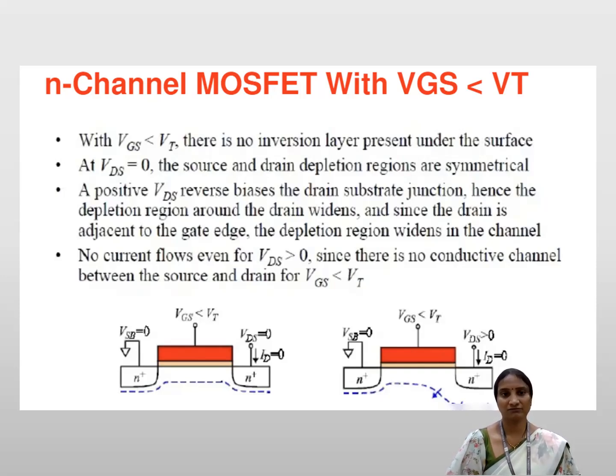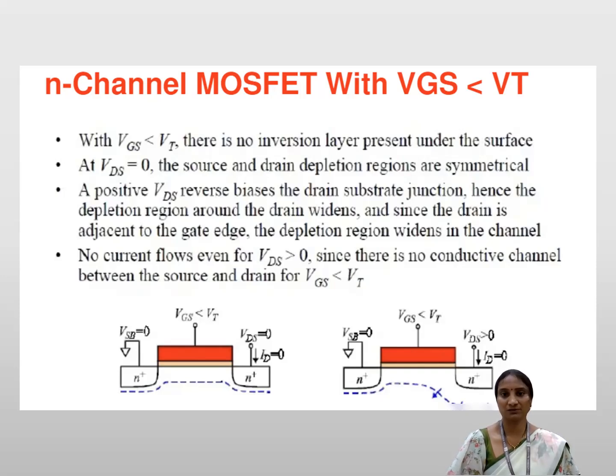And similarly, if you are not giving any drain to source voltage, meaning VDS is zero, then what happens? The depletion regions are symmetrical. A positive VDS, if you increase some little amount of VDS, what happens? It reverse biases the drain junction, and hence the depletion region around the drain region keeps widening more and more.